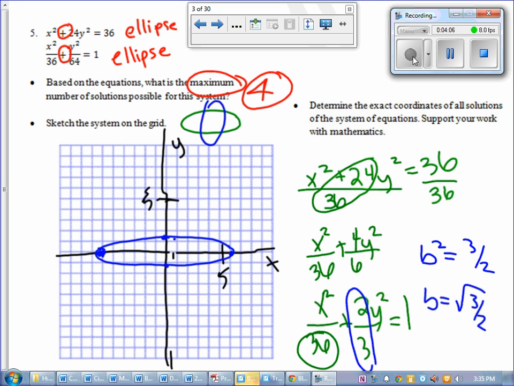Now I'm going to graph the second equation. The second equation is a little bit easier because it's already in standard form. The denominator of the x term is 36, which means I'm going to go out 6 in the x direction. The denominator of the y term is 64, which means I'm going to go out 8 in the y direction, because 8 squared is 64.